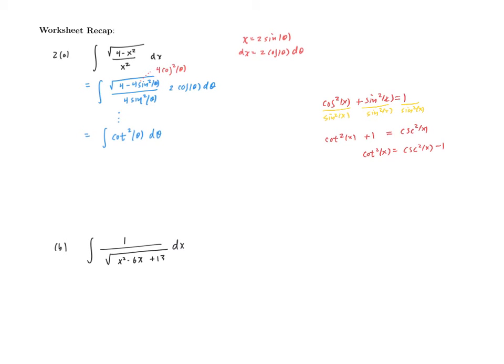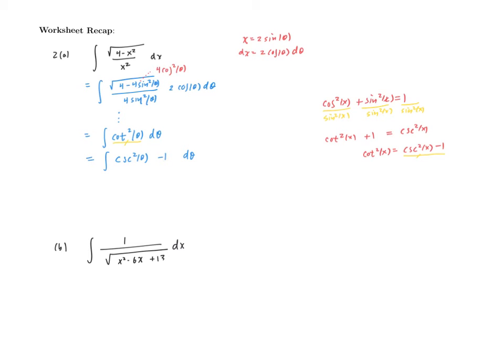In order to antidifferentiate this cotangent squared, we will rewrite it as cosecant squared minus 1. And here we have followed almost precisely step by step how we would integrate tangent squared. All that remains is taking care of these indefinite integrals.